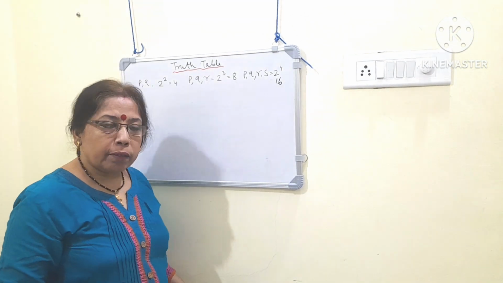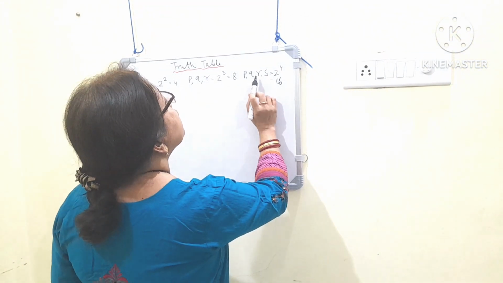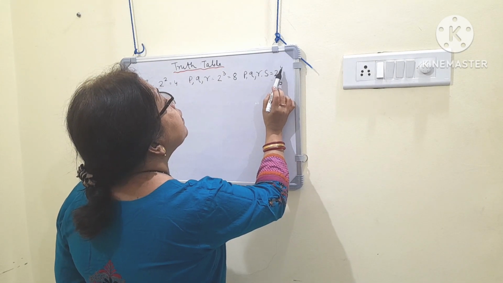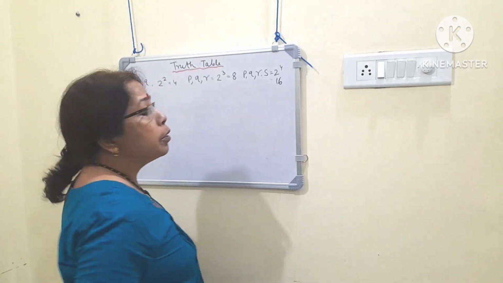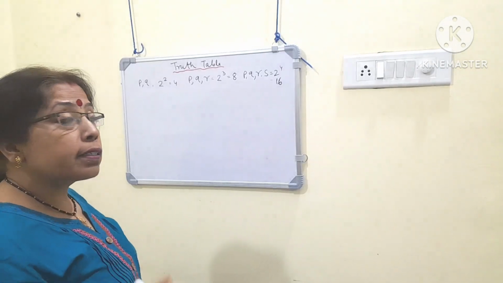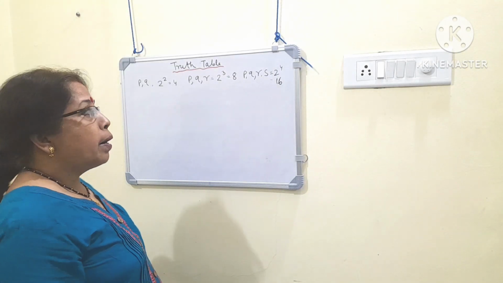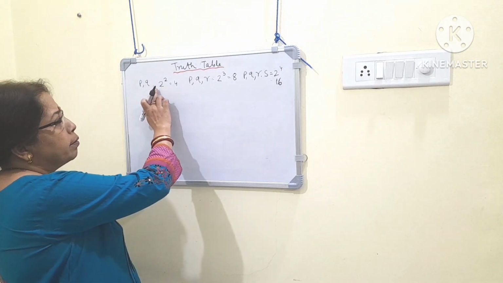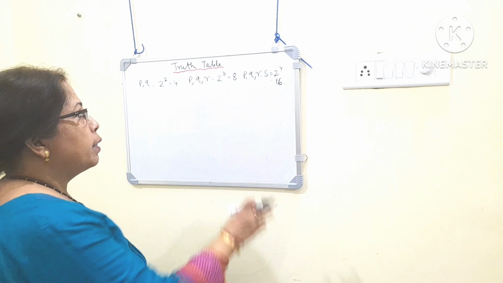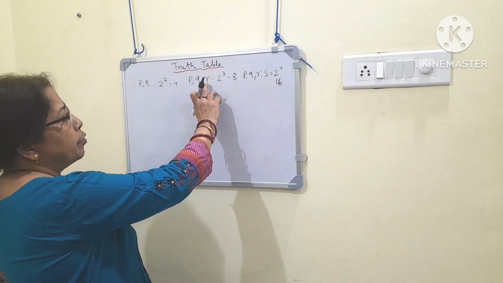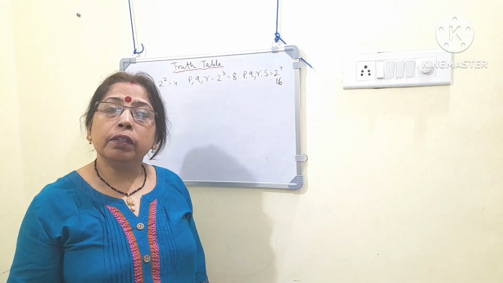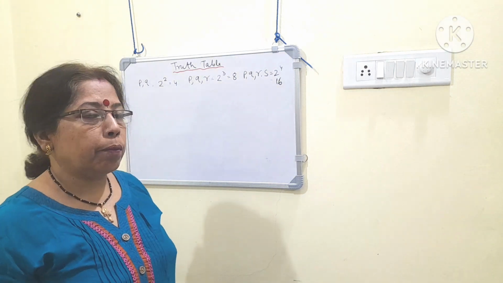And when you are given 4 variables, that is P, Q, R, S, you have to draw 16 rows. But for the HS, only this type will come; the three variables and the 4 variables are given at the graduation level.